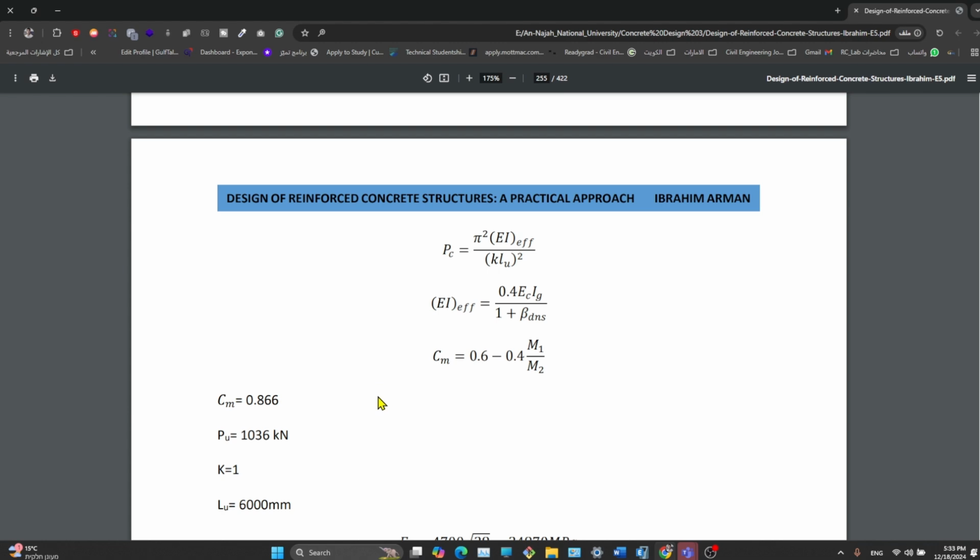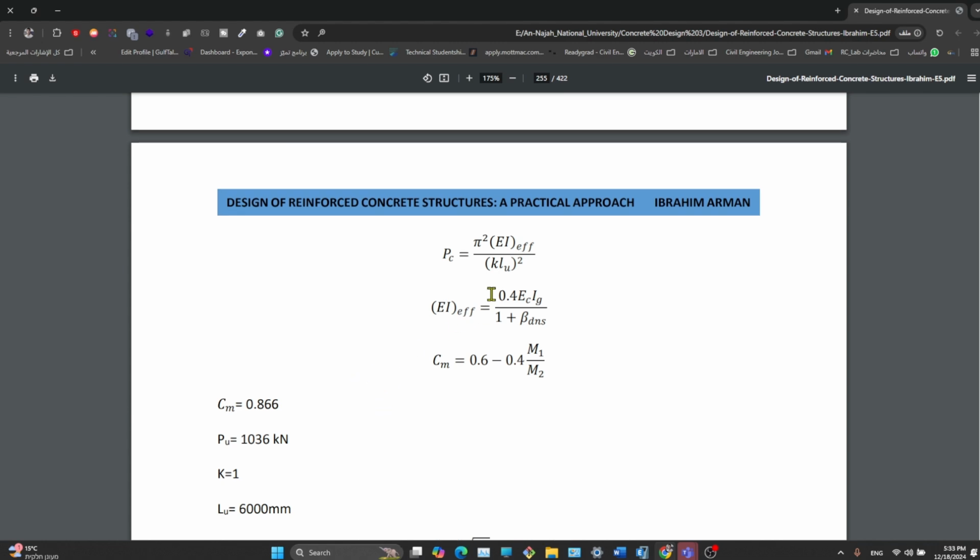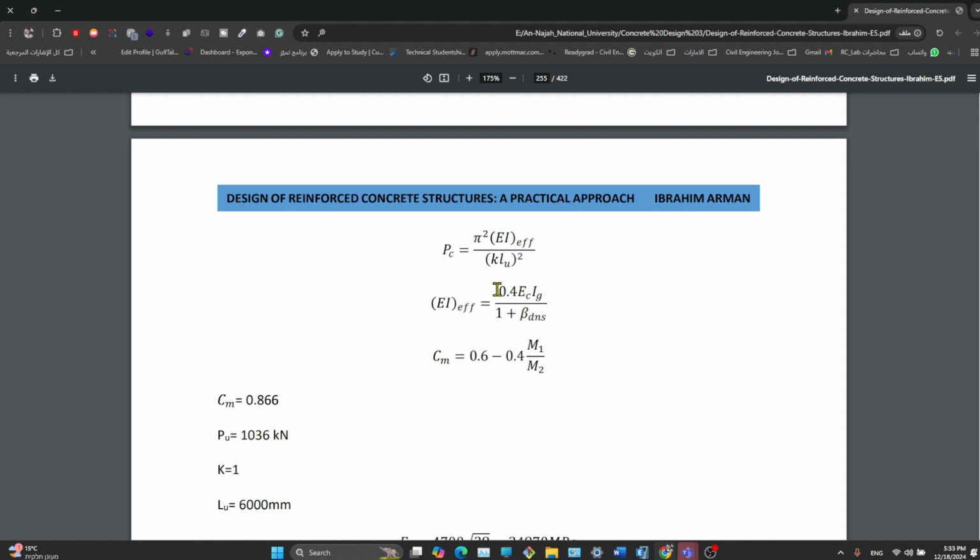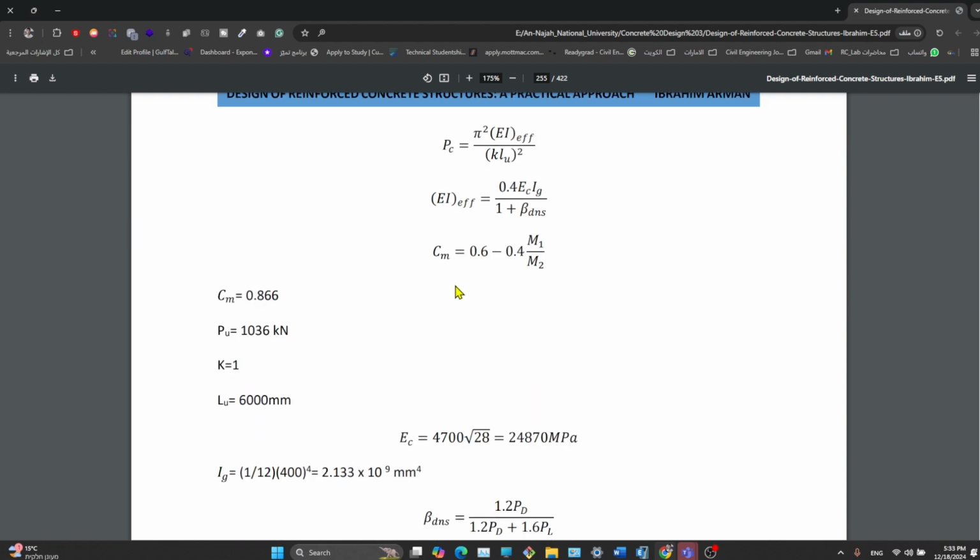So Cm, in normal cases, is 1, but also we can compute it by this formula. You need to refer to the document I provided to check when Cm is equal to 1. But in this case, we will compute the Cm and use it in our formulas.